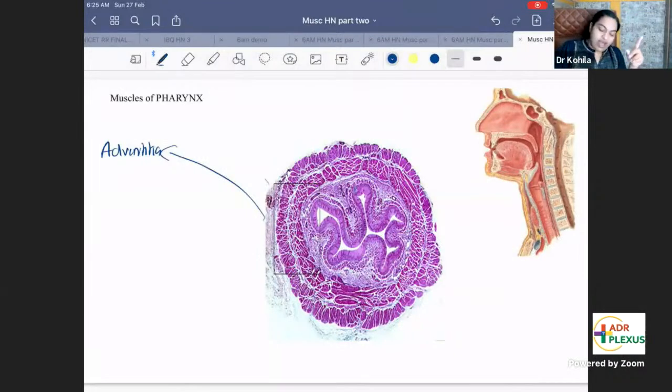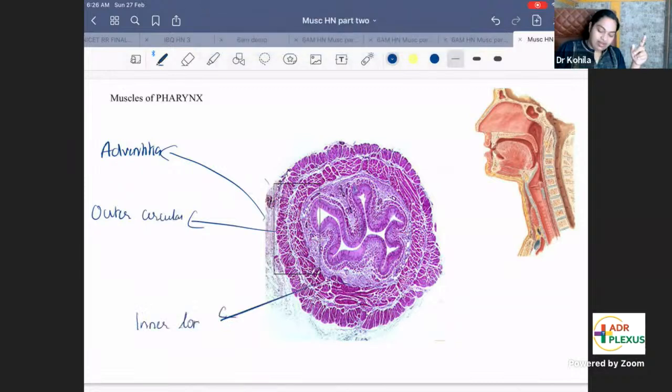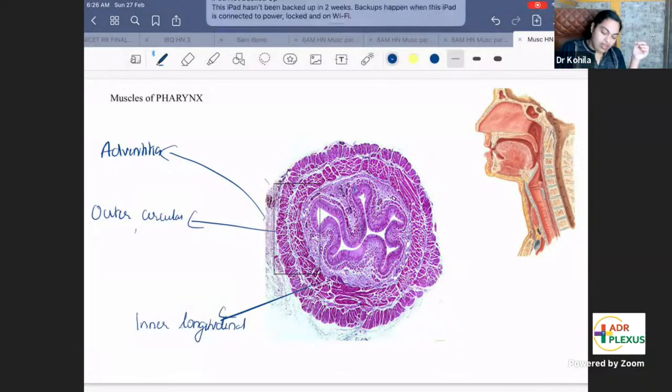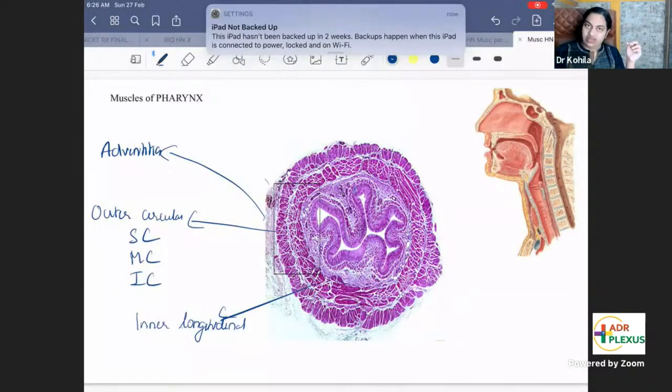The muscle of the pharynx is arranged as an outer circular layer and an inner longitudinal layer. What are the constrictor circular muscles? 3 in number: superior constrictor, middle constrictor, inferior constrictor.